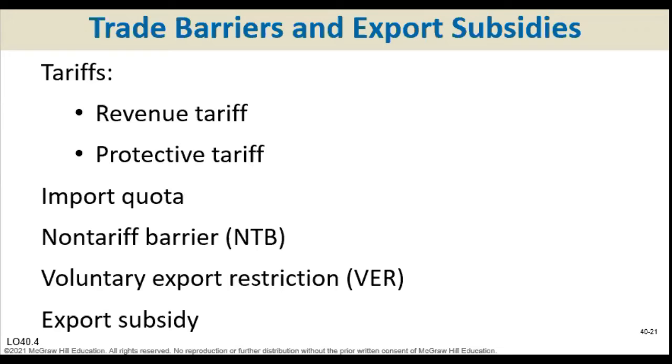The trade barrier and export subsidies. Even though a nation gains from trade as a whole, some domestic industry may be hurt by trade.